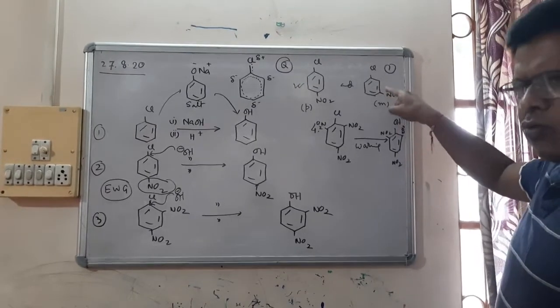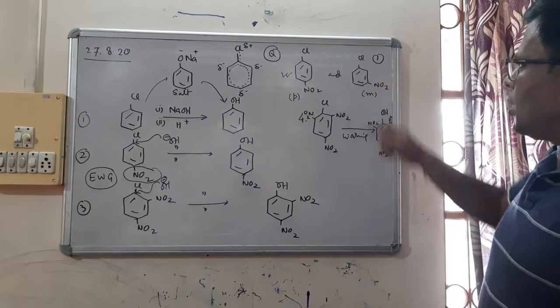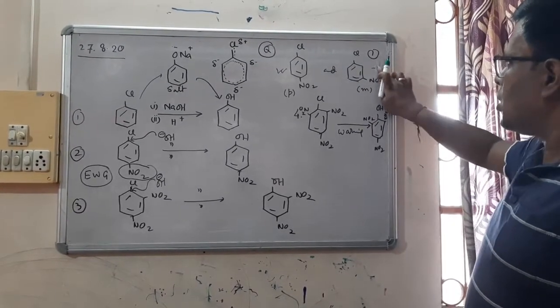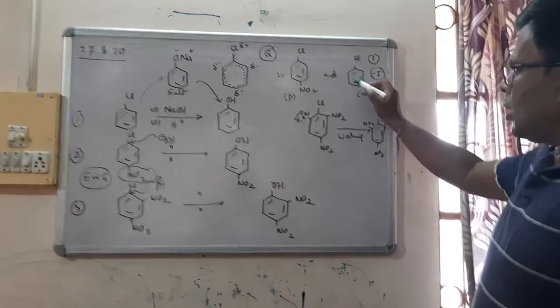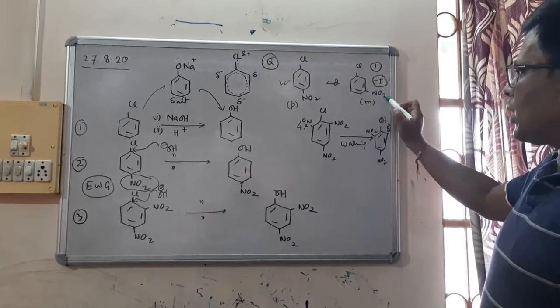Here there will be to some extent a decrease. The cause of the decrease here we call minus R effect. Sorry, it is minus I effect. There will be a slight decrease in electron density, but that is due to inductive effect.